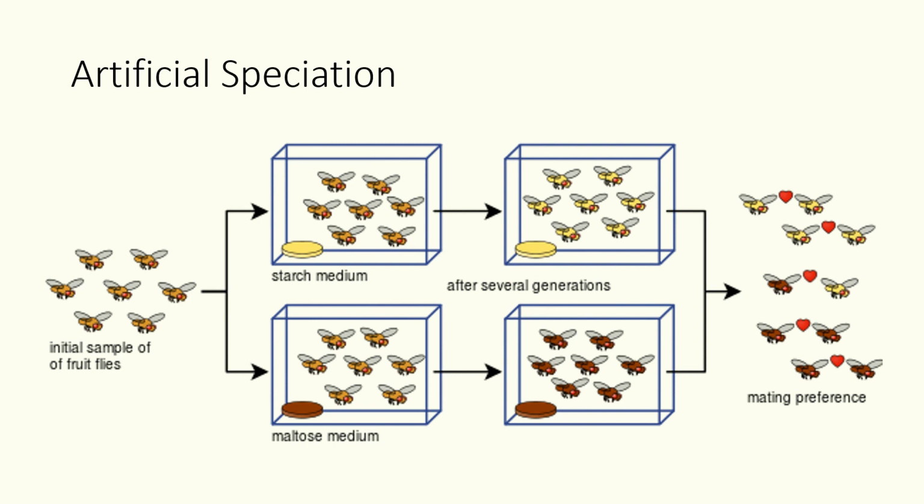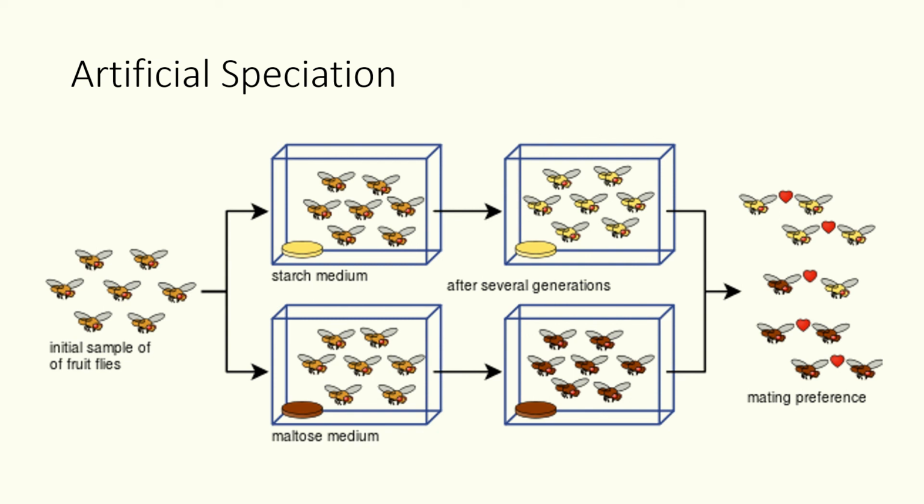You see here, there's a famous example conducted in a lab of artificial speciation, looking at fruit flies, our good friends Drosophila melanogaster, which are always experimented on for genetics and evolution, and they separated them into two different populations. So I suppose it's sort of like an example of parapatric speciation in that they were in adjacent niches, a starch medium and a maltose medium.